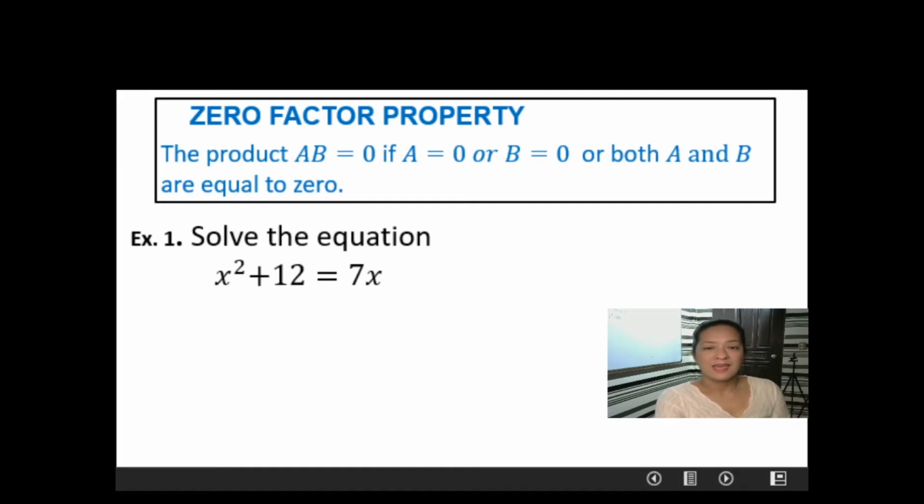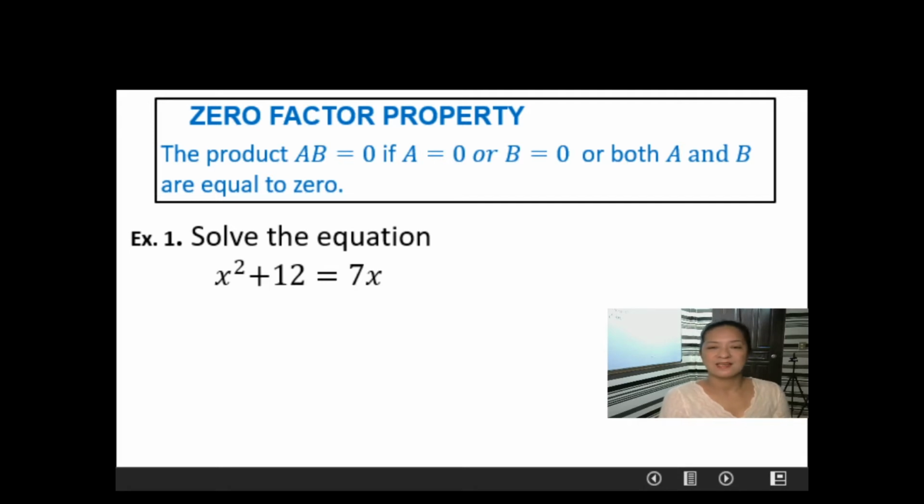The product AB is equal to 0 if A equals 0 or B equals 0 or both A and B are equal to 0. So let us try this technique or this principle. Okay, so let us now apply this principle in solving quadratic equations. Let's have example number 1.